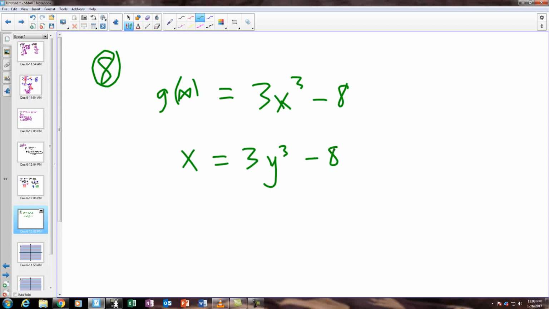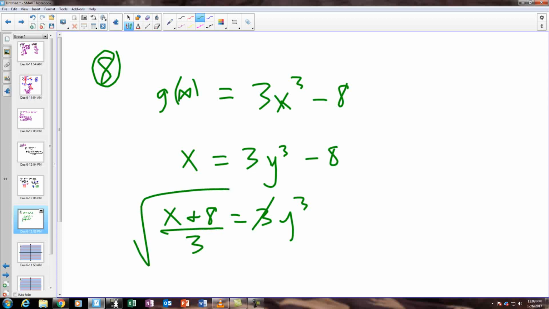The first thing I would do is add 8 over, making it x plus 8 equals 3y cubed. Now I want to get rid of that times 3, so I'm going to divide by 3. And then to get rid of a cube, I would cube root.